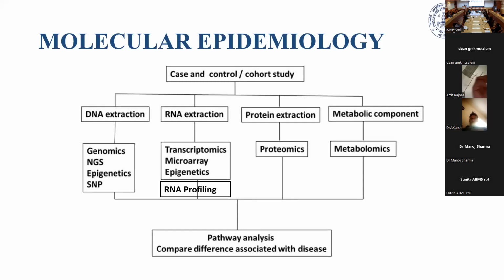So I'll quickly try to show the different techniques which can be used when you are analyzing the different aspects of molecular epidemiology. For example, if you are looking at DNA, you are doing an exploratory study, you might want to look at the whole genome. In that case, you need facilities for next generation sequencing where you can look at whole genomes.